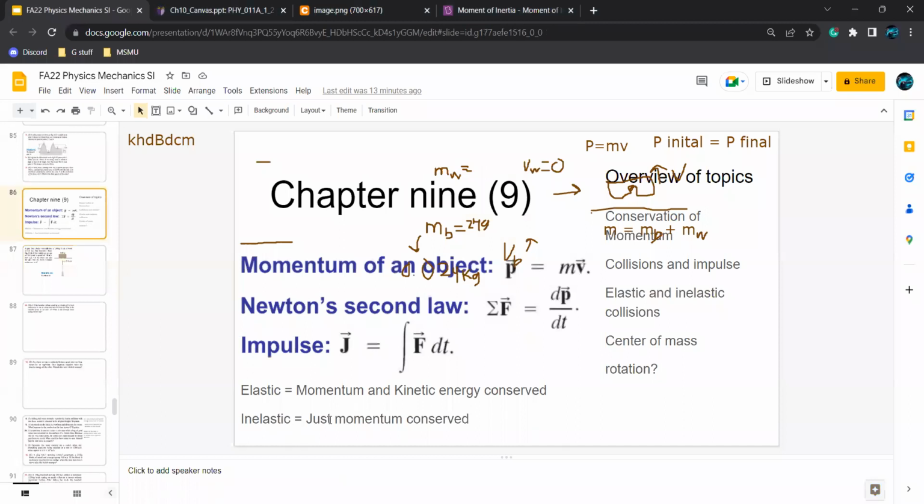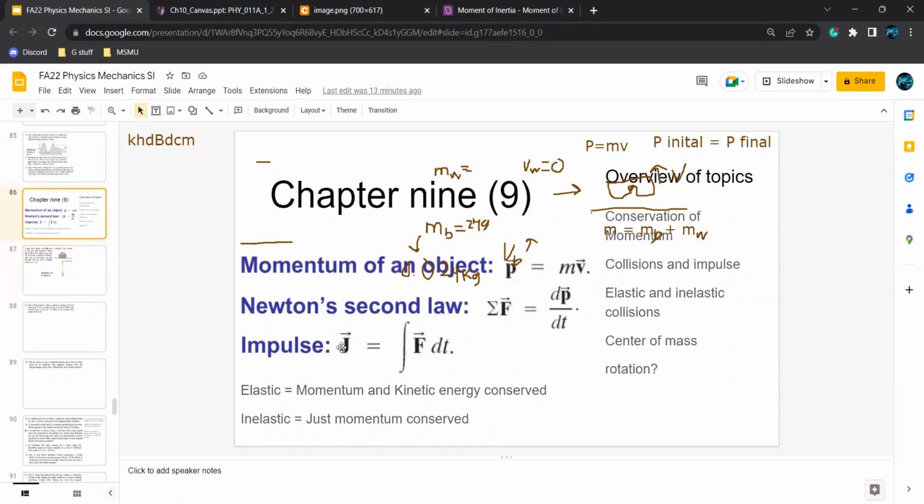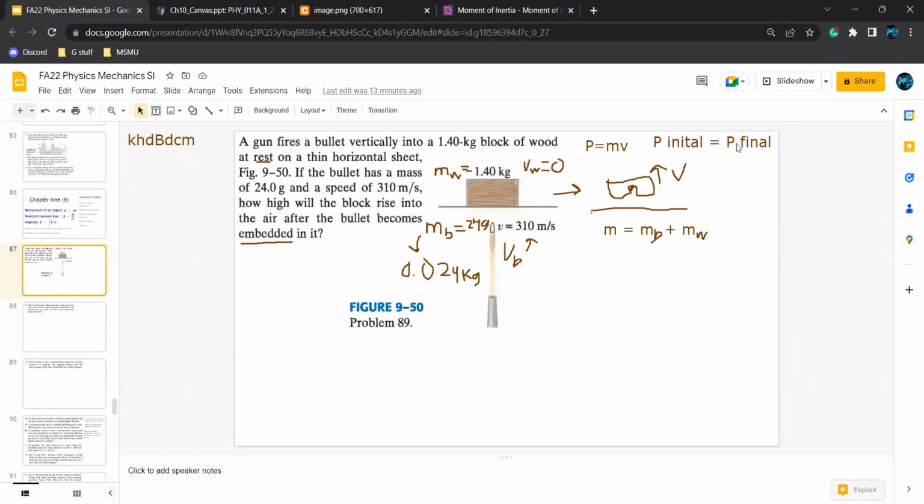And for inelastic, only the momentum is conserved. So you know something's inelastic because maybe they hit, but then the masses stay together, versus an elastic collision where they're going to hit and then bounce off each other. So if it says embedded, sticks together, then it's inelastic. But for either one, you can do momentum is conserved, which is what this P initial is equal to P final means.